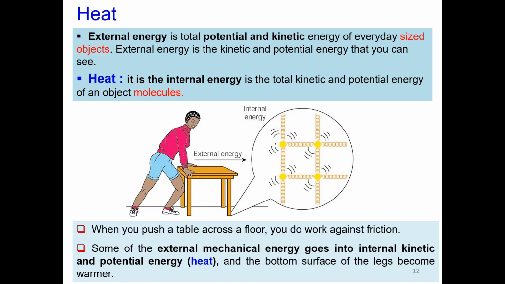It is converted into external energy because we can see the table is moving. But at the same time, part of this work is converted into internal energy because of the friction. The legs of the table become warmer. The energy of the molecules of the table increases.